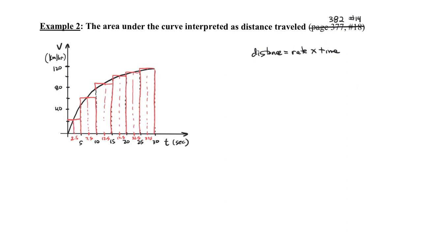What we've done in the past is we've found the width of the rectangle by going delta x equals b minus a over n. This time we don't have x; our independent variable would be t, but same idea. So we can say delta t equals b minus a over n, which in this case is 30 minus 0 over 6, because there are 6 rectangles: 1, 2, 3, 4, 5, 6.